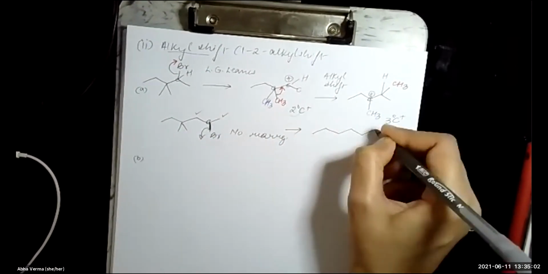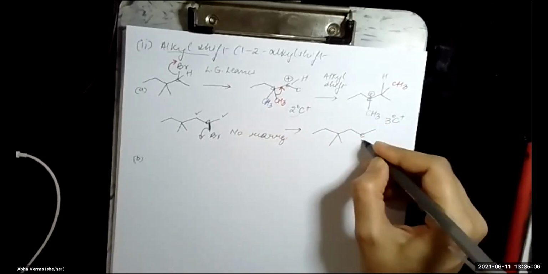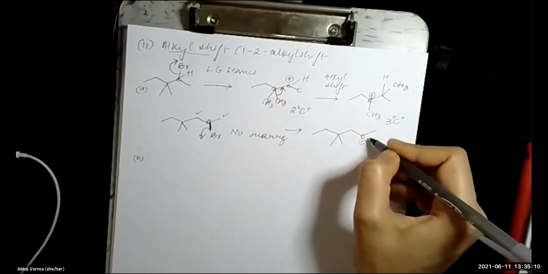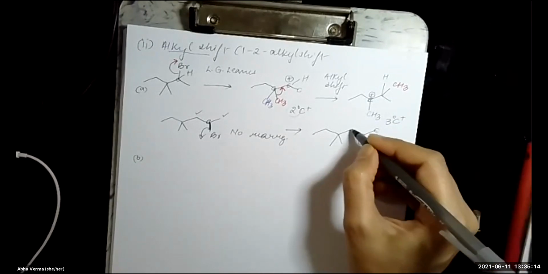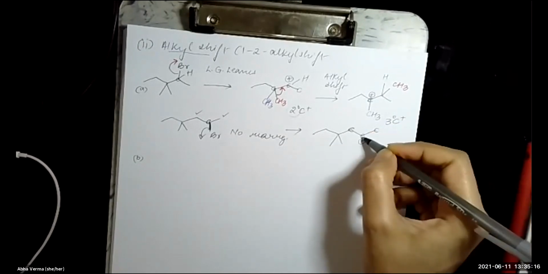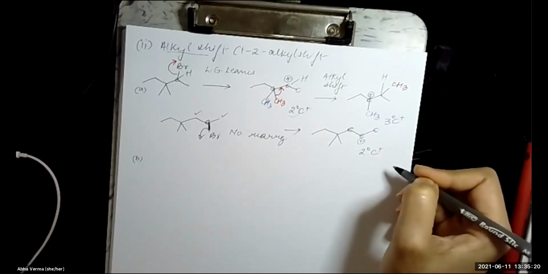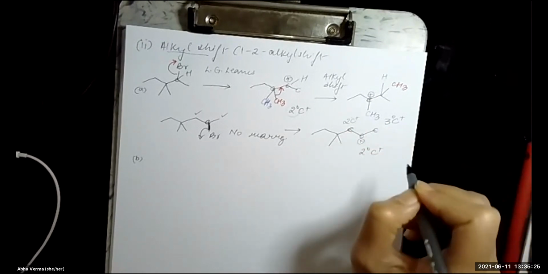When the leaving group leaves, a carbocation will be generated at this carbon, right? So it will only look at the adjacent carbon. It can only look at this carbon or at this carbon. It is already a secondary carbocation here, right? If it jumps here, it will still be a secondary carbocation only.